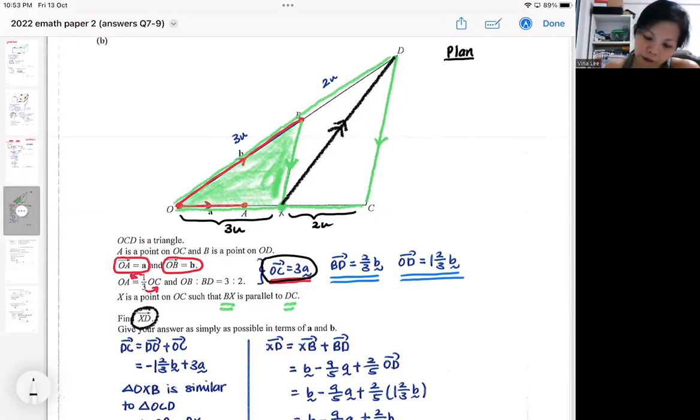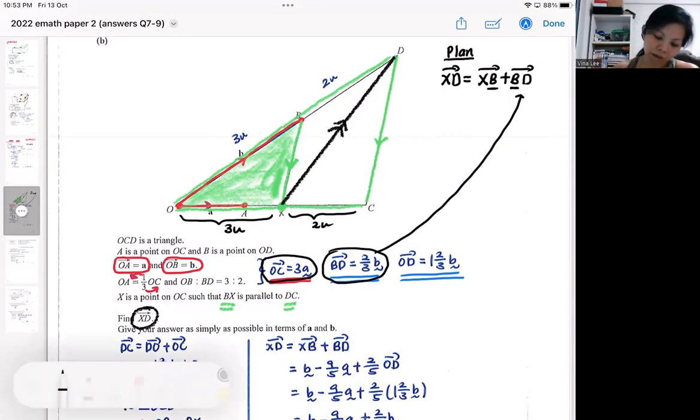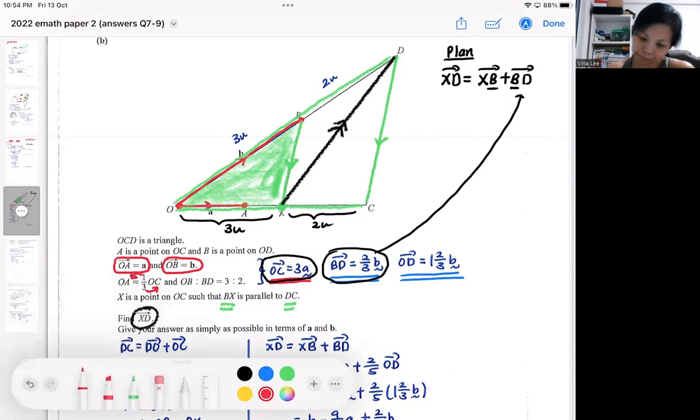So eventually you want XD. So you can plan the fill in the blank first. What can you fill in the blank? Maybe you'll be thinking XB and BD. I already got my BD. So then I'm going to move to the next step, which is for me to find XB.